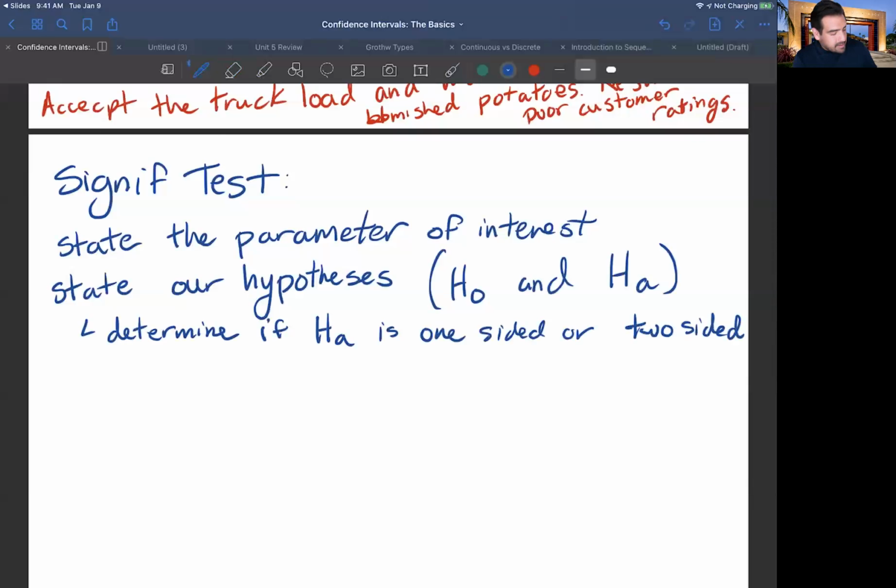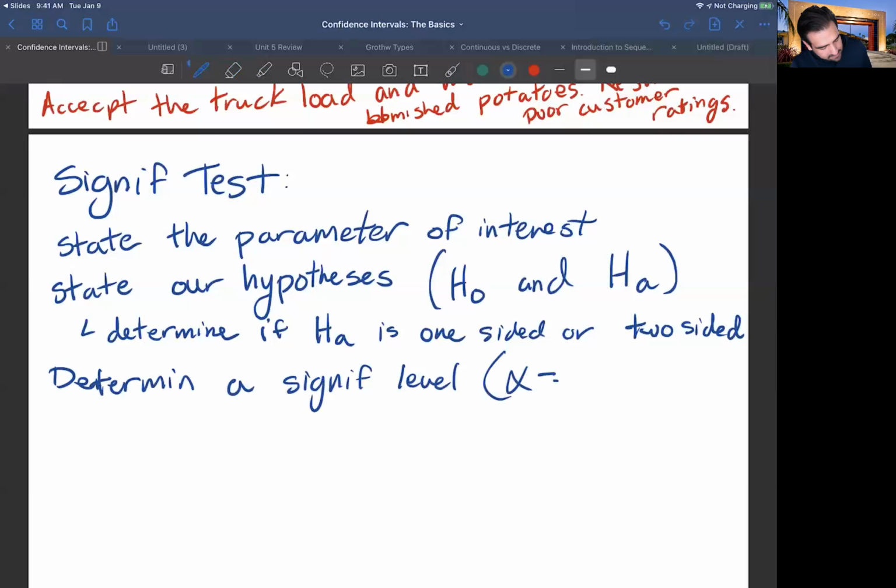After we state our hypothesis, we need to determine a significance level. Remember, that's alpha. If you have no idea, when in doubt, choose 5%. Alpha needs to be 5%. After that, you need to collect a sample.